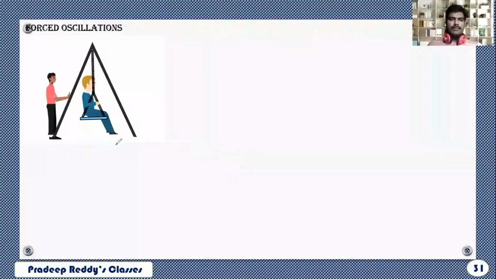Students, we already have discussed comparisons between free oscillations and damped oscillations. In damped oscillations, amplitude decreases with respect to time.